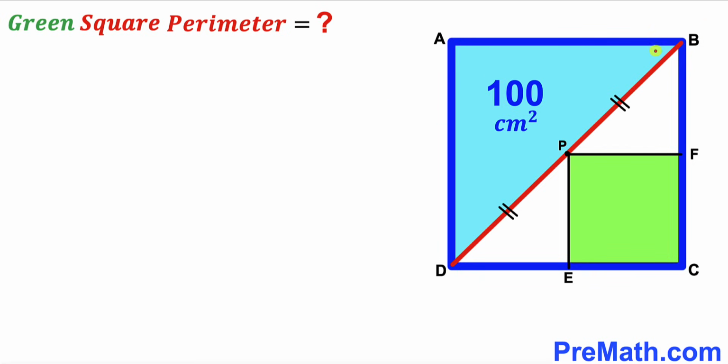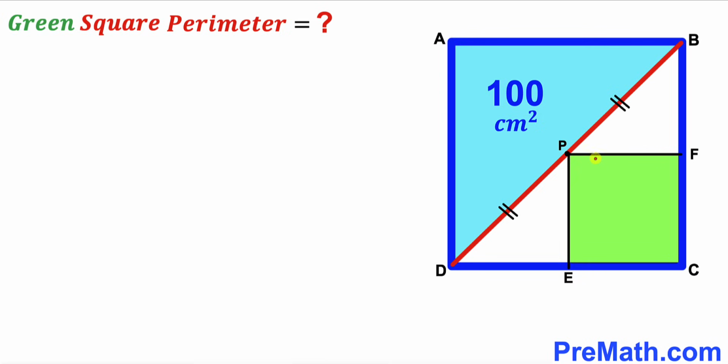And moreover, BD is the diagonal of this blue square such that segment BP is equal to segment PD. In other words, this point P is the midpoint of this diagonal.